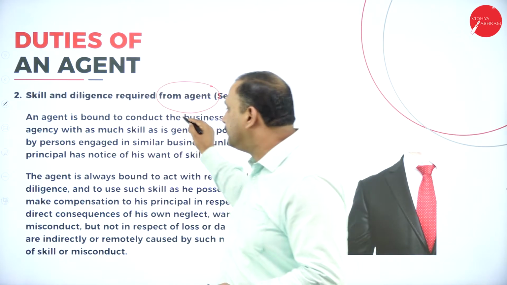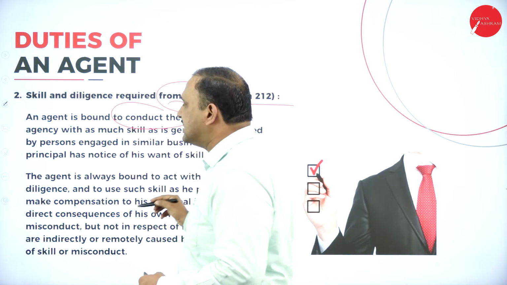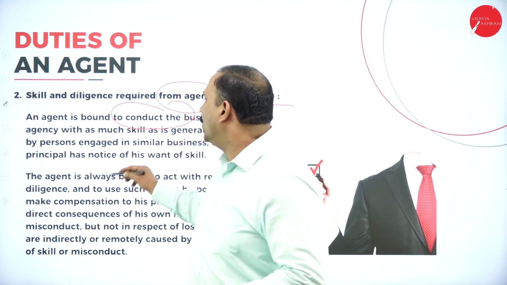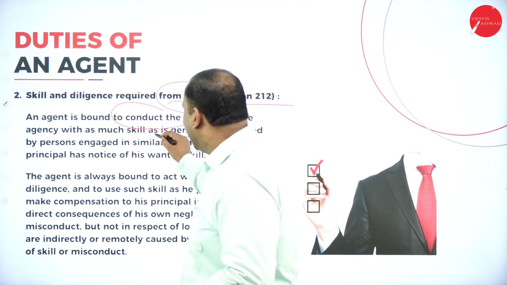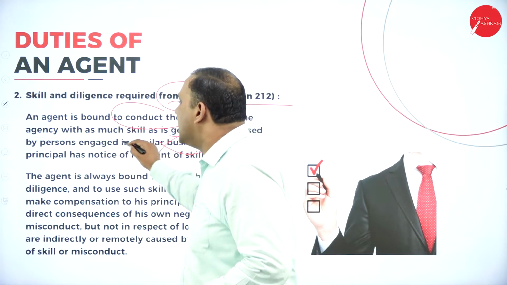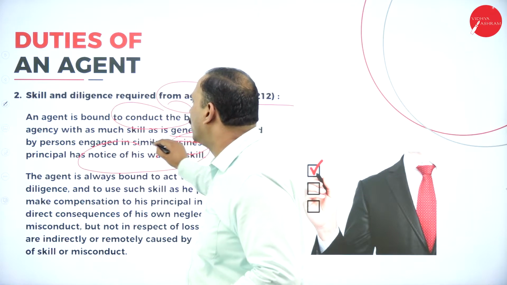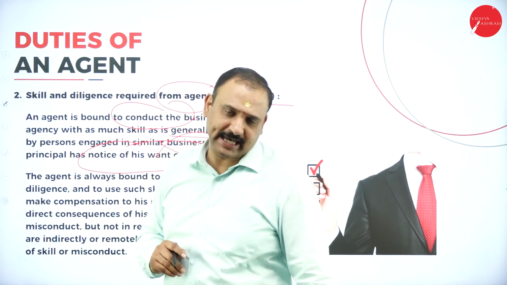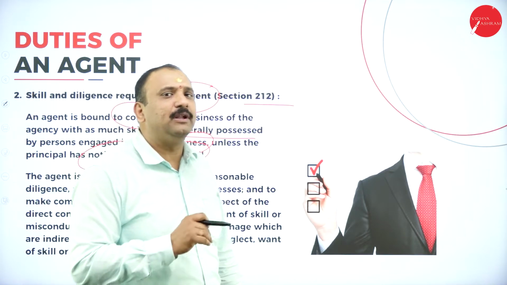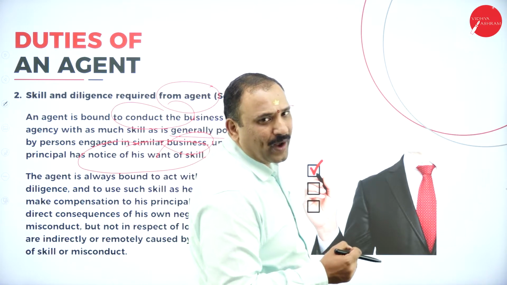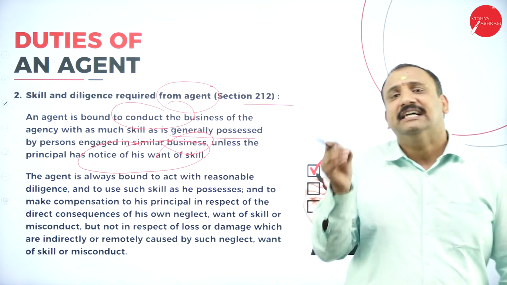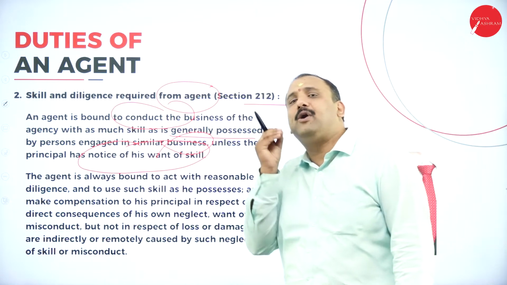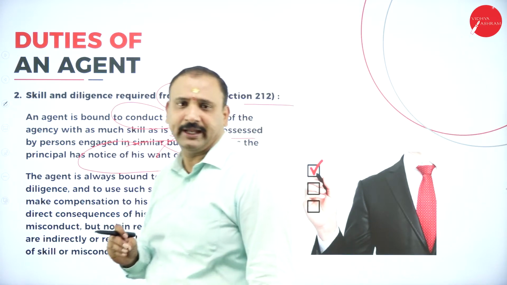An agent is bound to conduct the business of an agency with as much skill as is generally possessed by the persons engaged in similar business, unless the principal has notice of his want of skill. Now, what happens normally whenever you talk to an agent, you believe that that person has reasonable knowledge about the business that he is involved in.